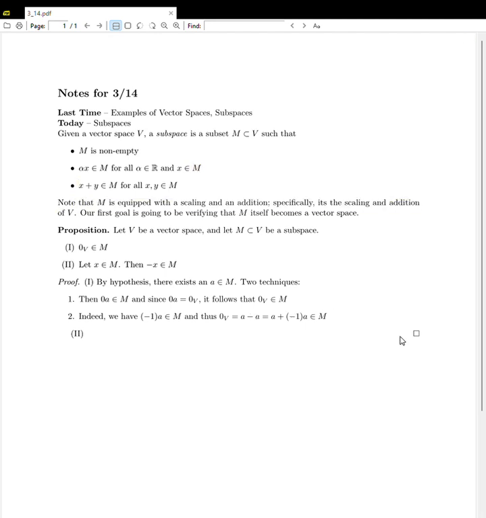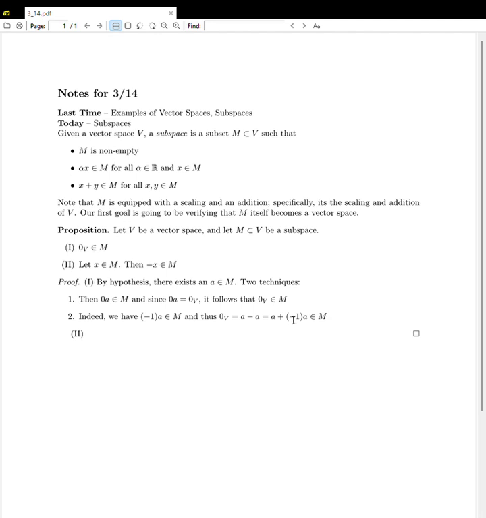Right. So this was the proof, more or less, that I had put together and presented, and I thought I was really slick. And again, I thought this was like the right proof because what did I use? I used all three hypotheses, right? I used, hey, M is non-empty, we're closed under scaling, and then we're closed under addition. Right, so I was like, hey, that has to be the right proof. I used all my assumptions. So I wasn't even thinking of trying to cheese it by using less of the hypotheses.